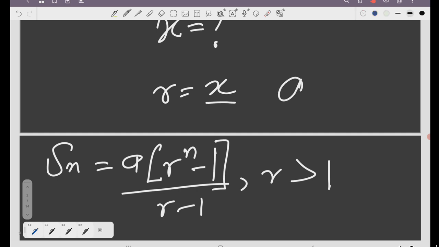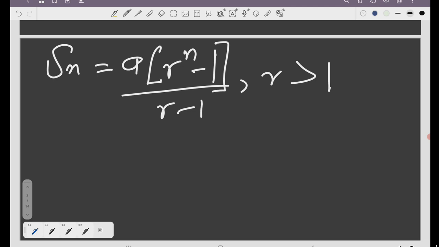At the same time, you must also consider that there is a fixed term, which is a. A is the fixed term, and a is what? x to the power 0. That is the fixed term. This is how to apply the formula. So let's start solving. Now, let's put it in place.